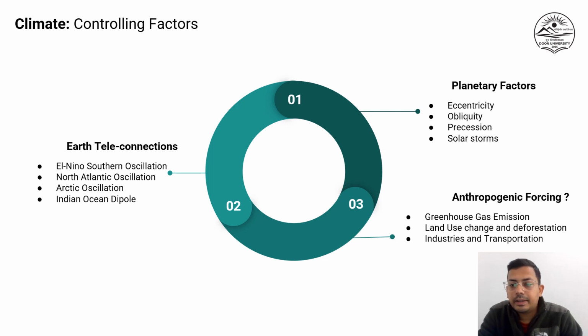Eccentricity again is due to the gravitational pull difference between Jupiter, Saturn, and the Sun. It affects the orbital path of Earth.